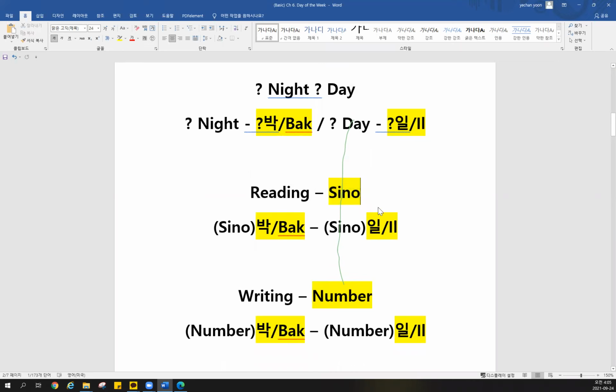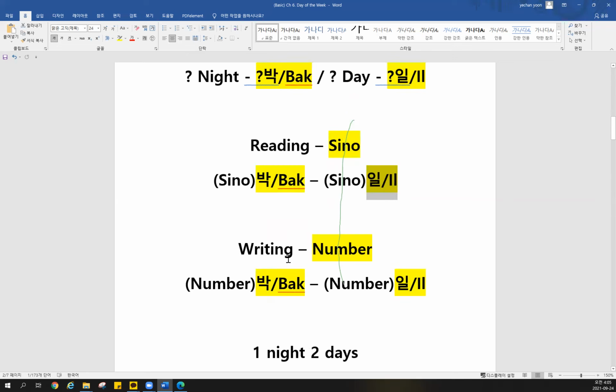Do you know what the Sino version is? I hope you still remember it. 1, 2, 3, 4, this version is the Sino version. So for reading, it's the Sino number and the counting word 박 for the night, and the Sino number and the counting word 일.